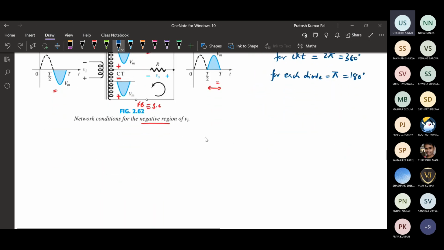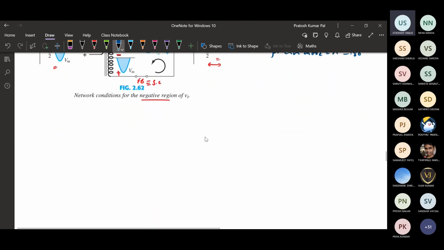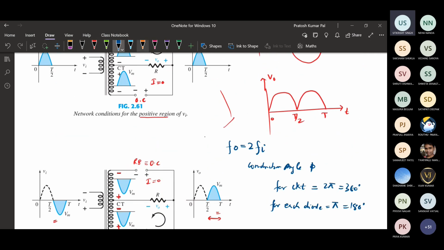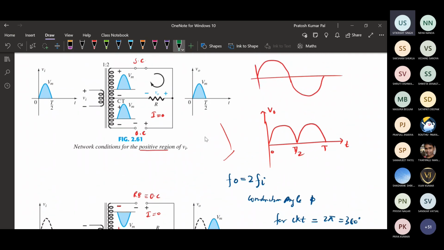Now we will see what the case of a practical diode will be. Similarly, this was the output. If the diode is practical, it will have some voltage drop, with respect to the knee voltage.